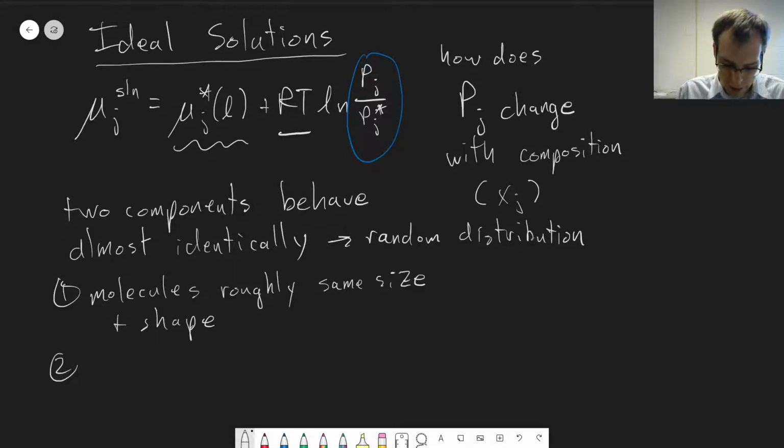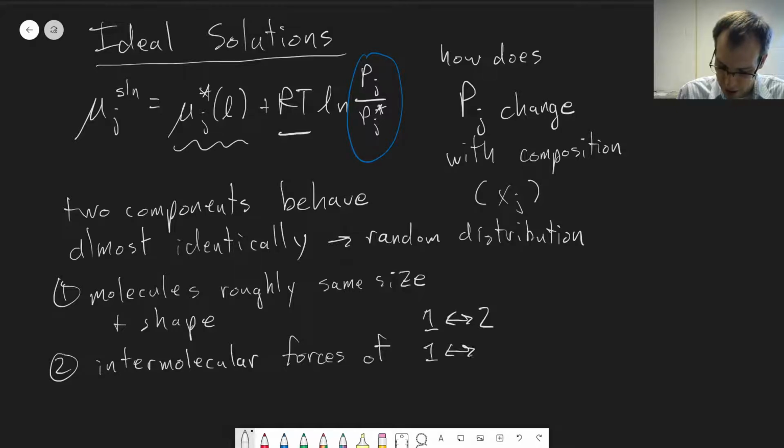And the second assumption is that the intermolecular forces are all about the same. Specifically, component 1 interacting with component 2 is about the same as 1 interacting with 1 or 2 interacting with 2. These are all similar.